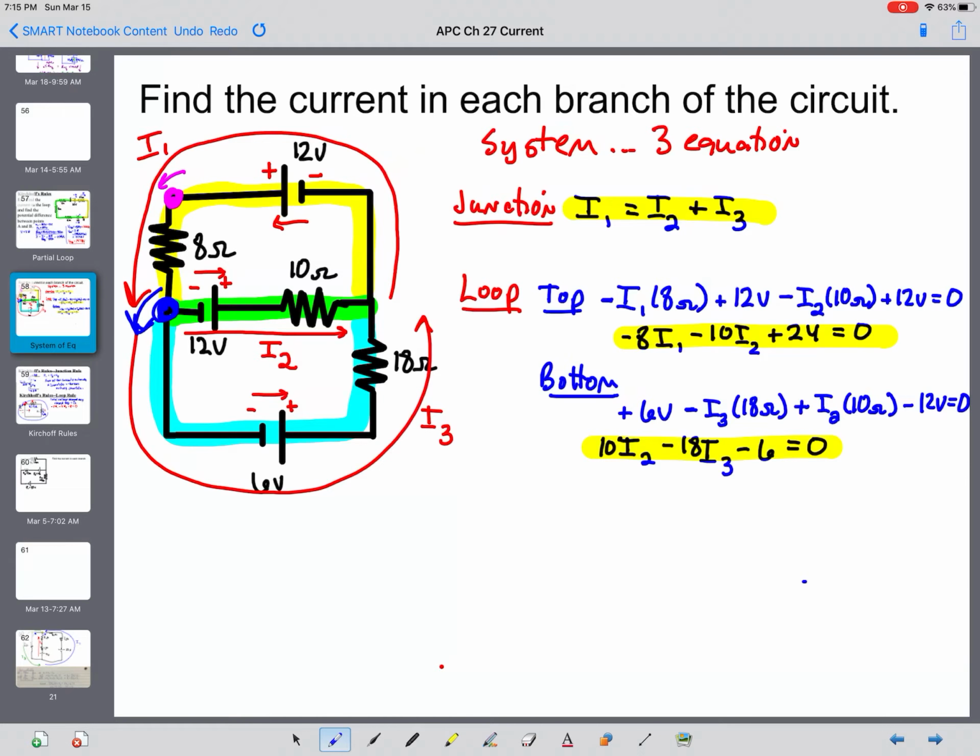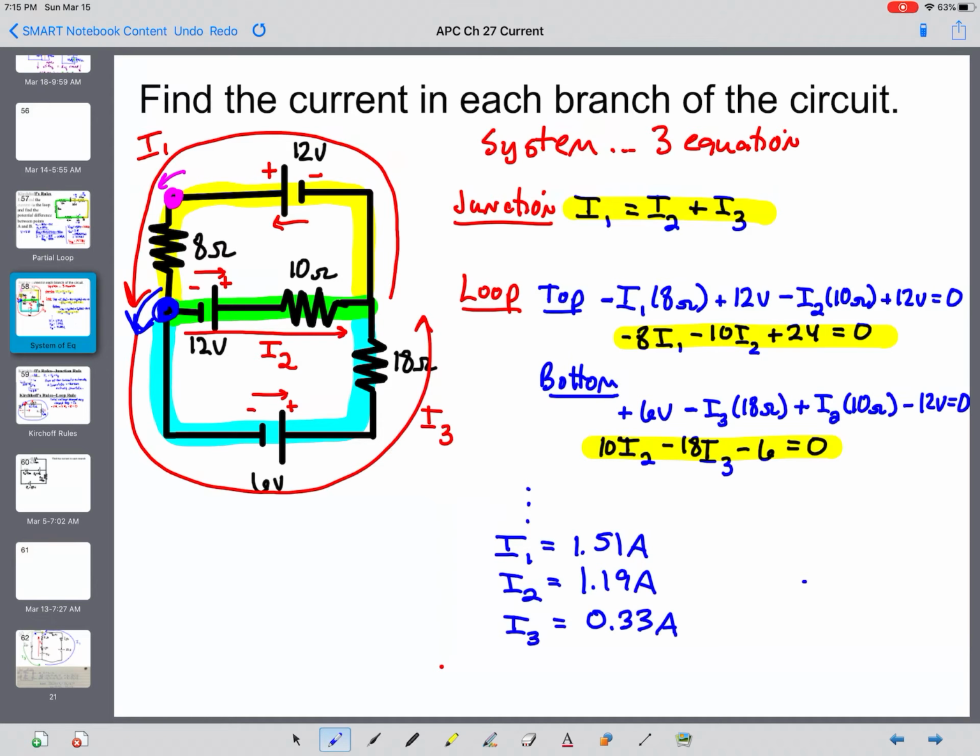Okay, so based on that, when we do the algebra to solve these down, we get an I1 value of 1.51 amps, an I2 value of 1.19 amps, and an I3 value of 0.33 amps.